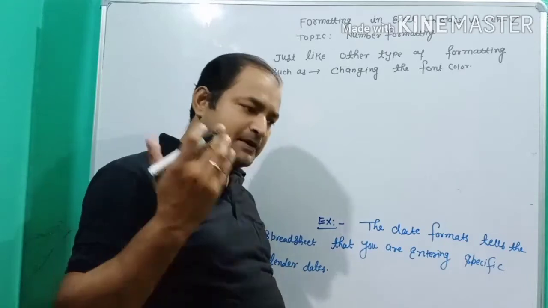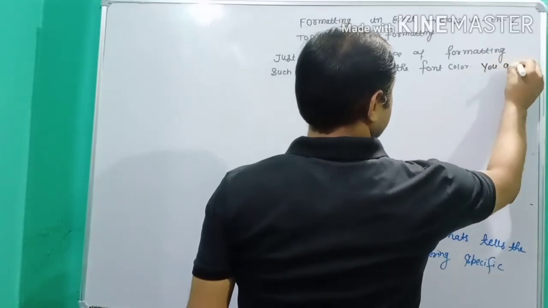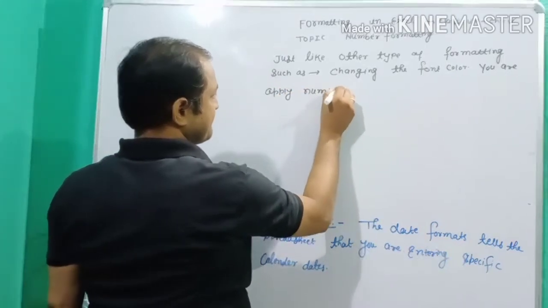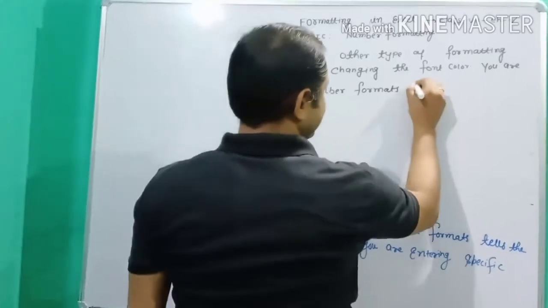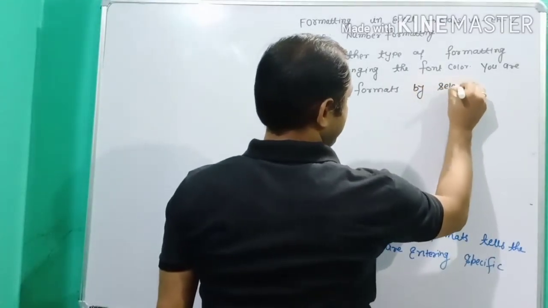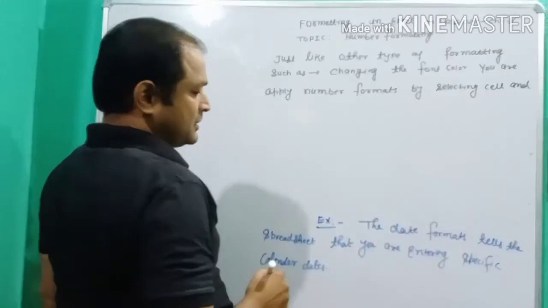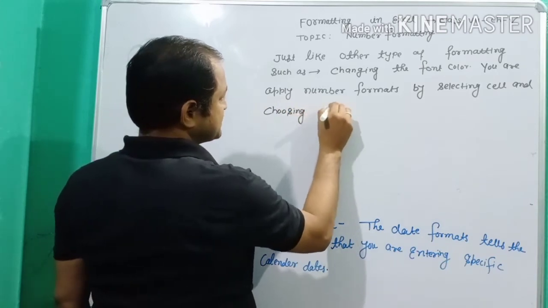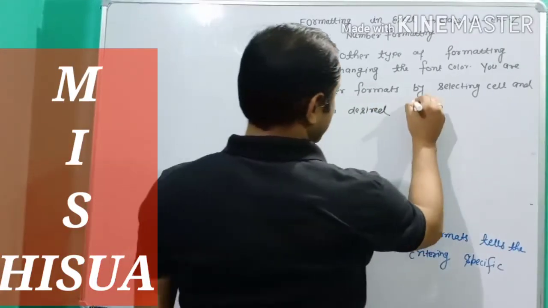You apply the number format by selecting a cell and choosing the desired formatting option.